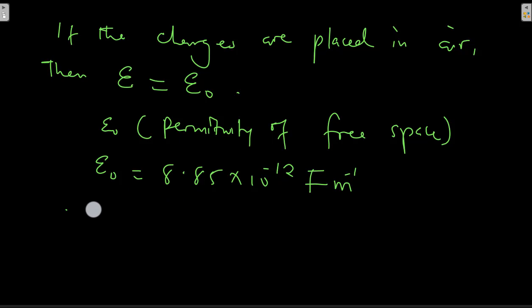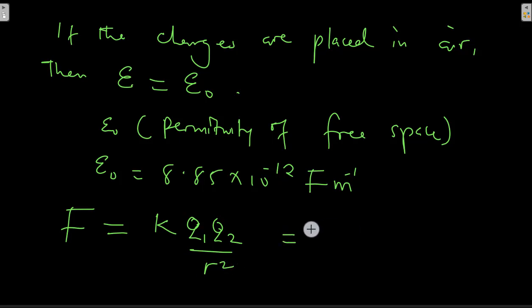This is very important. So the force between the charges in this case, to write it the basic way, is K Q1 Q2 over R squared, which is equal to 1 over 4 pi epsilon naught times Q1 Q2 over R squared.